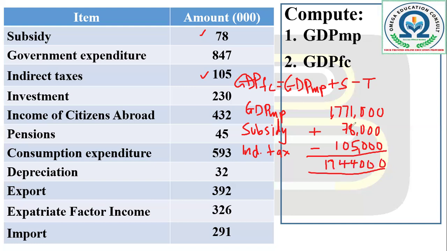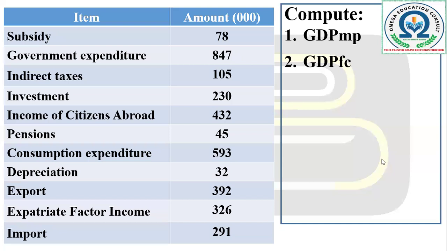Right. So the next step is the computation of the GNP FC, gross national product at factor cost. Okay, so let's do the computation. So quote the formula for GNP FC. Take note that the GNP FC will compute the value for only the nationals.